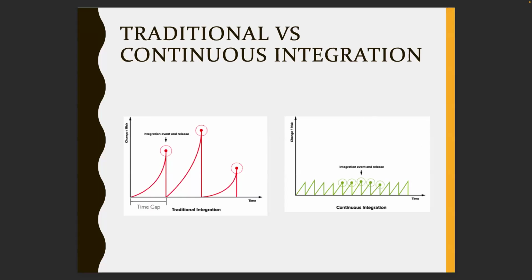Is this clear, everyone? The differences, and what are the advantages of this continuous integration? Is it just multiple events? What is the advantage? The advantage is that every change a developer makes goes through the entire process. You can have improved quality, and features can be delivered quickly to end users.